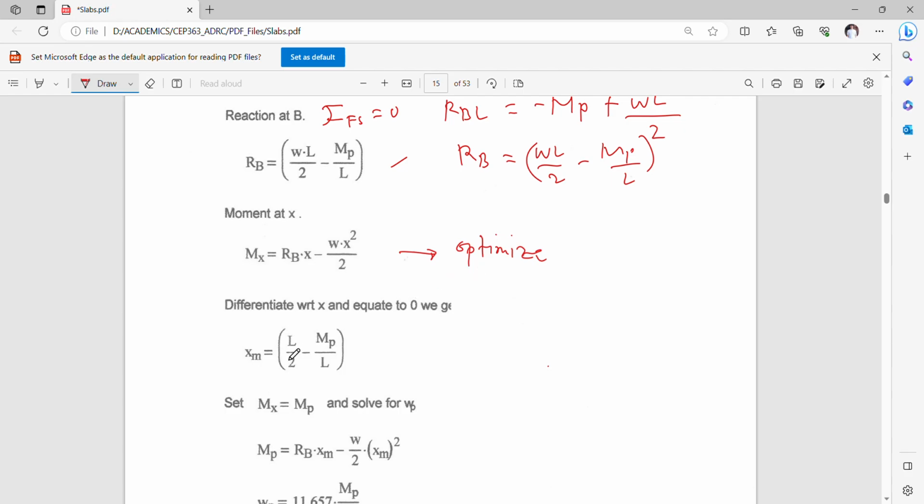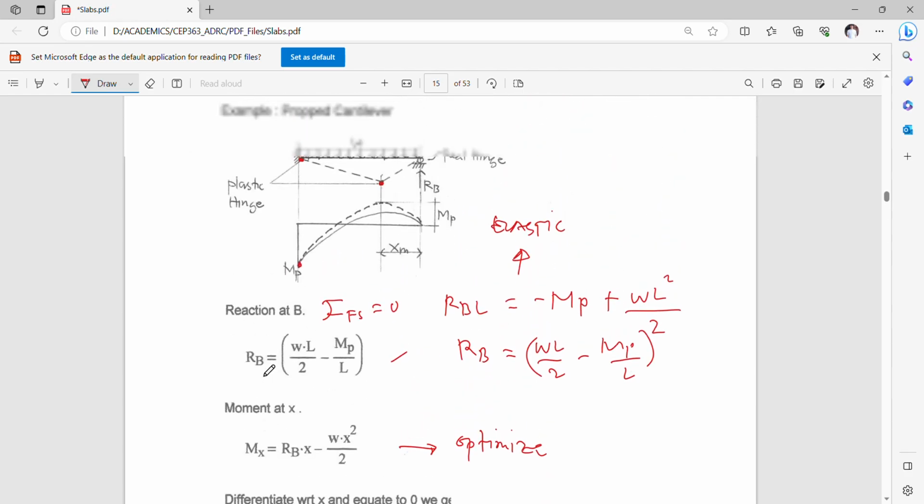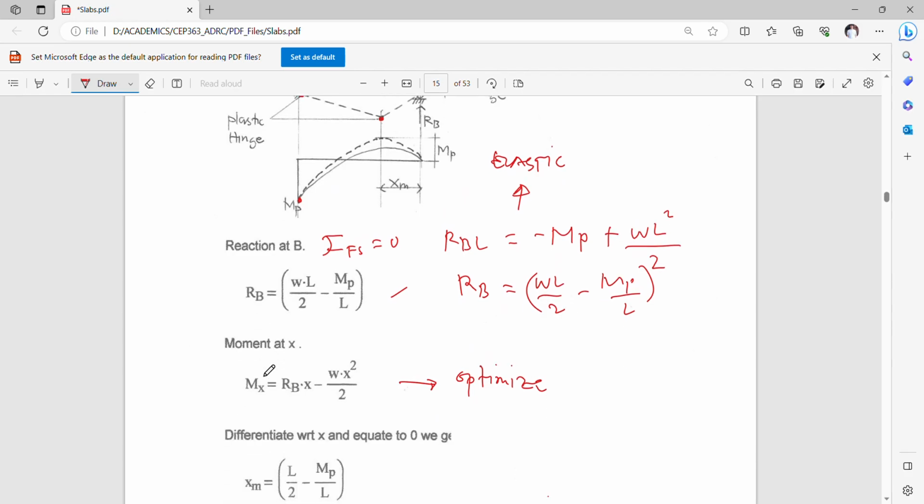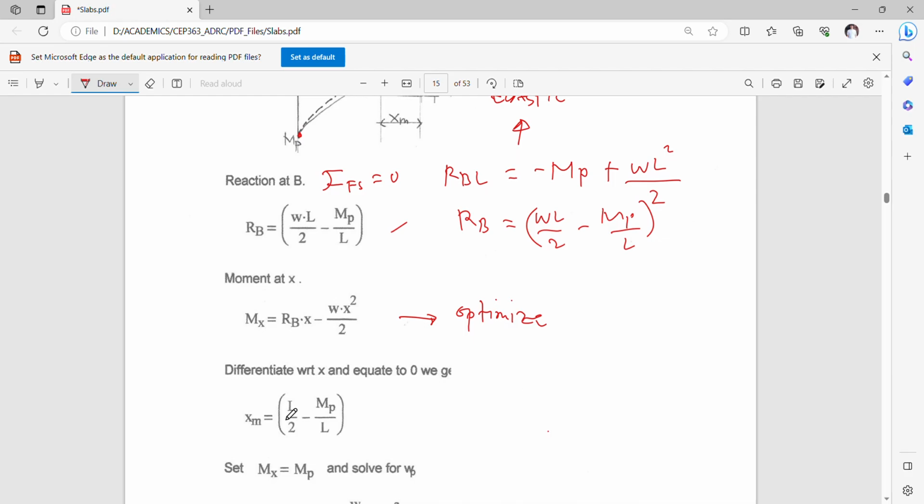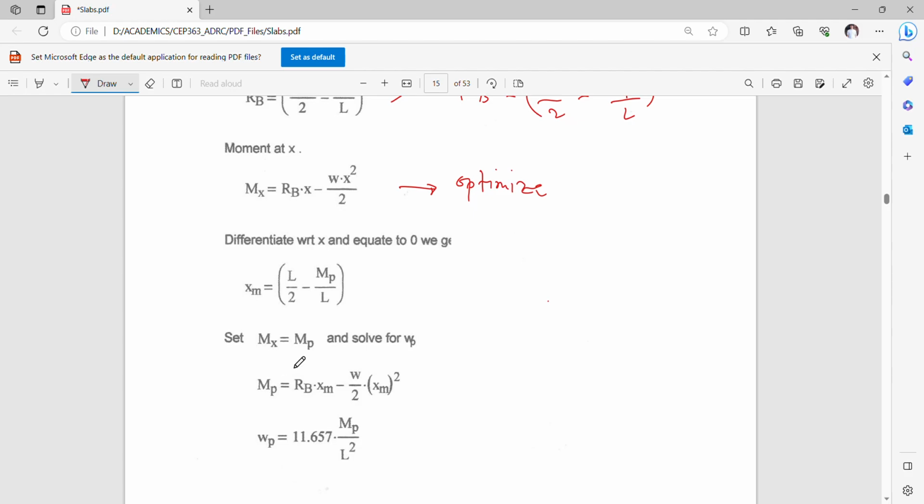So we will come up with x equivalent to xm, the location at which your M will have a maximum value. So xm will actually be equivalent to this one. So if we set Mx equivalent to Mp and solve for Wp, we will gain a value equivalent to this.